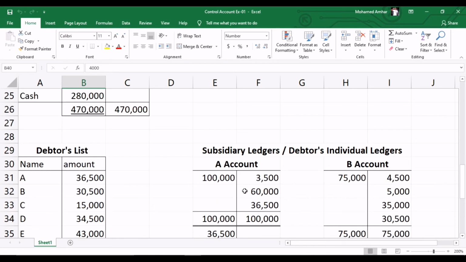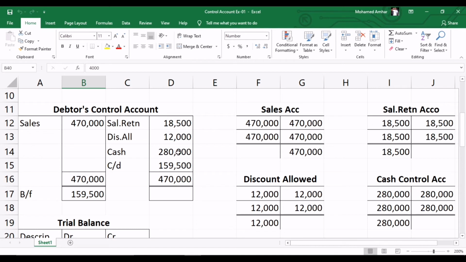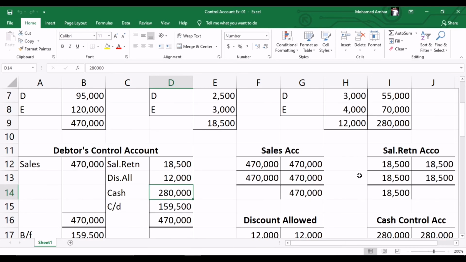Next, see, cash received is credited in the control account by total. Now in the individual accounts you have to credit one by one.